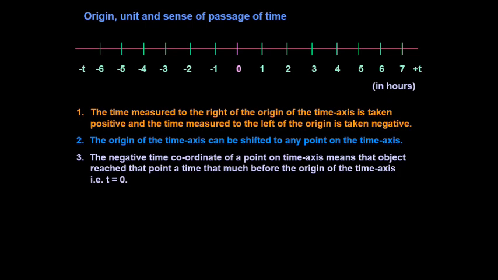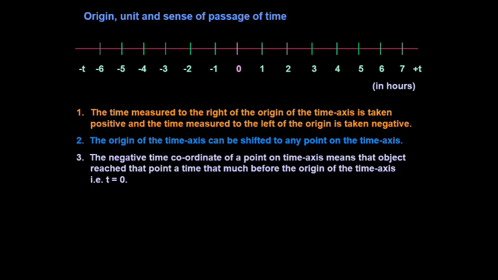Let us see. You reached school at 7:20 a.m., but you got up at, say, 6 a.m. So in that case, your time axis starts at 7:20, but the time when you got up is minus 1 hour 20 minutes.